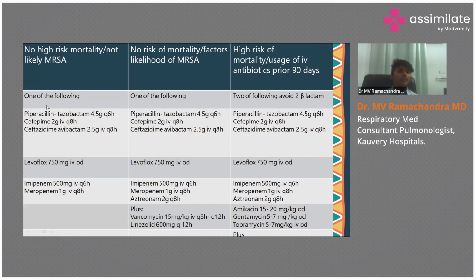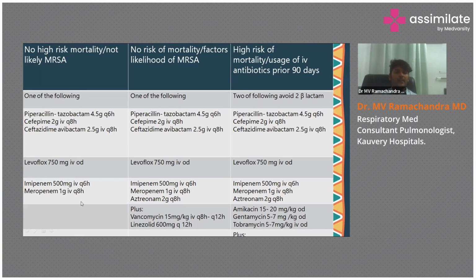Usually one of the following beta-lactam antibiotics: piperacillin-tazobactam, cefepime, and ceftazidime-avibactam. These are mostly used. The next is levofloxacin 750 milligram, and imipenem, meropenem. One from any of these three groups is used if there is no high risk of mortality and it is not MRSA.